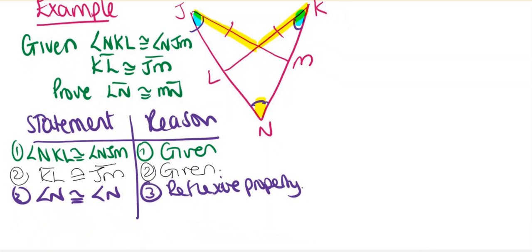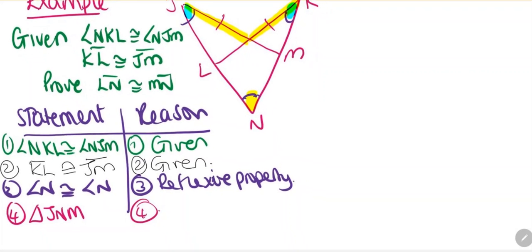And then if we look at this triangle here, JNM, we can see that it is going to be congruent with this triangle.